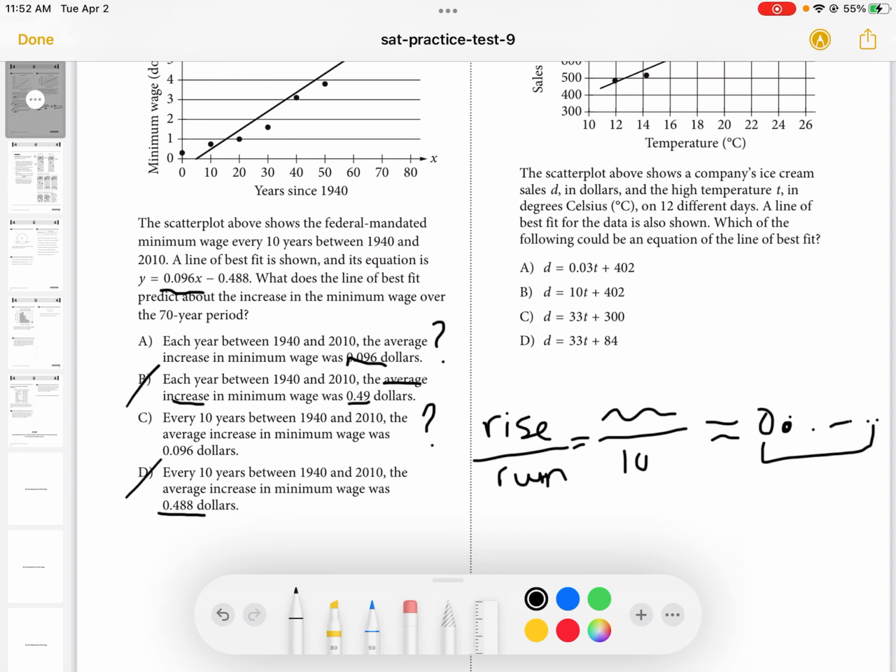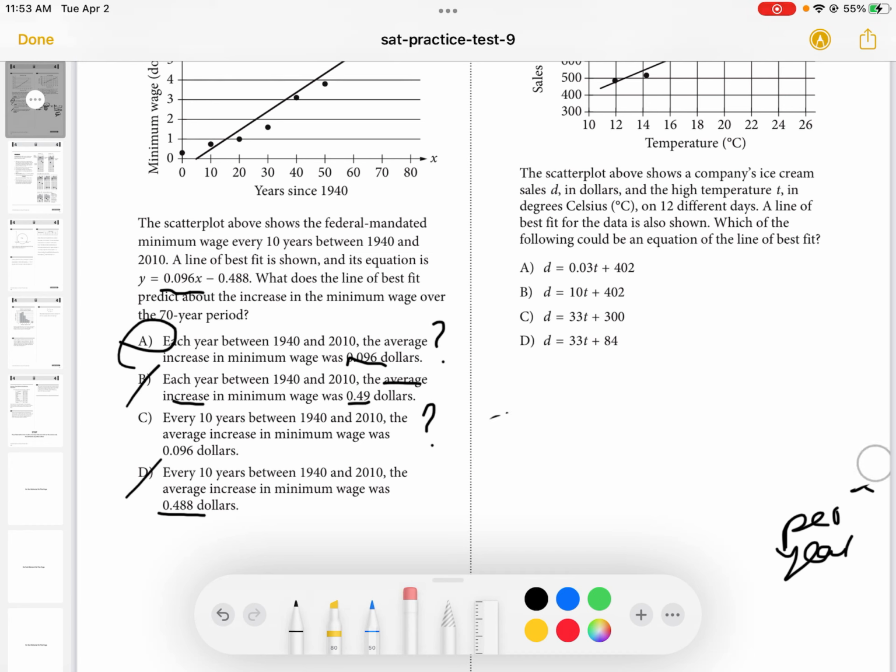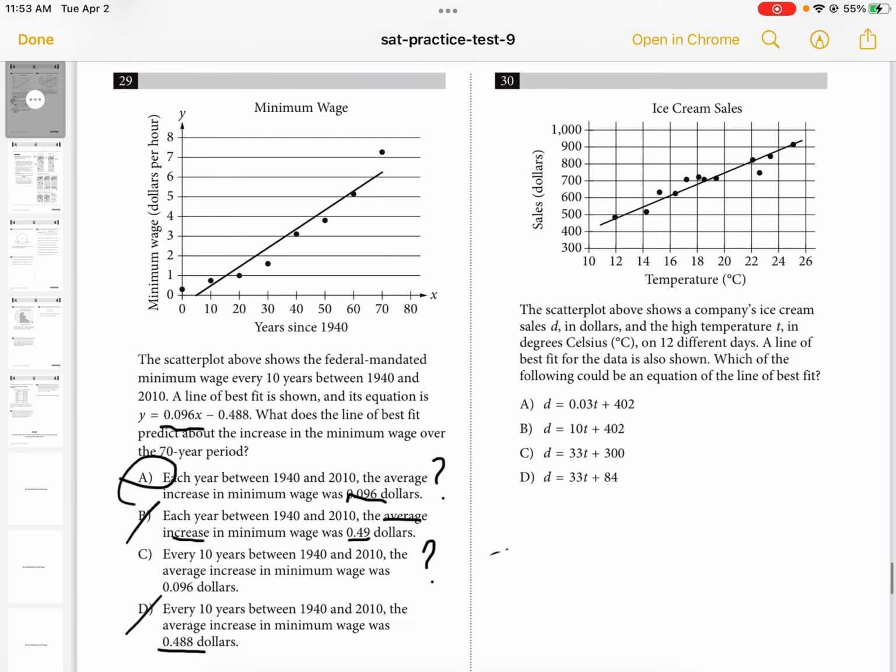And this decimal refers to the increase per year, because you're dividing the original quantity by 10. So it's per year now. So it's A. Let me erase all of this and we'll move on to question number 30.